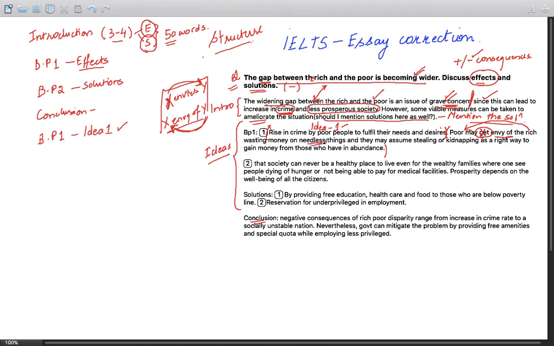Now, needless things sounds a bit weird. That is open to interpretation. Instead of mentioning needless things, you can mention materialistic things or consumeristic items or things that people desire, or expensive items.